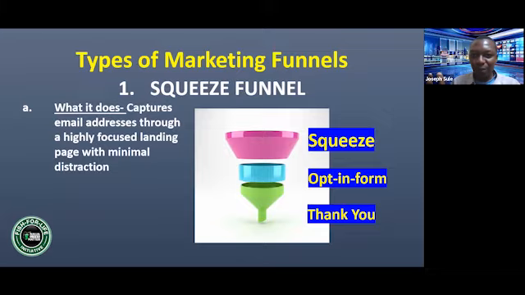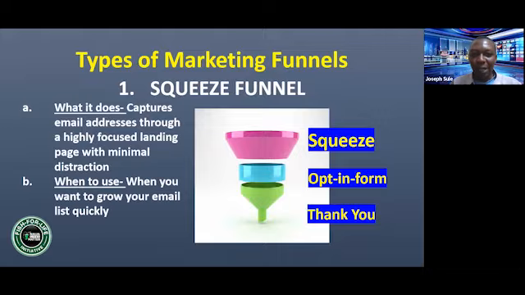You present your product or yourself or your service, and then you give them an opt-in form, maybe something like a Google form, and you tell them simply follow this link, fill in your details, and then you capture their information from the form. So when you want to grow your email list quickly, a squeeze funnel is good.